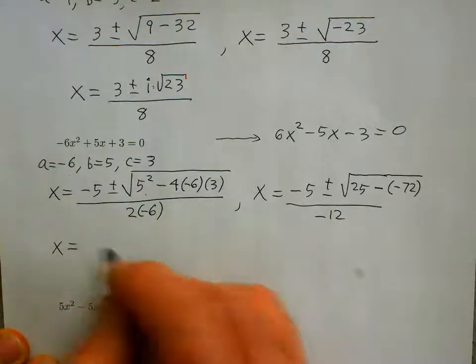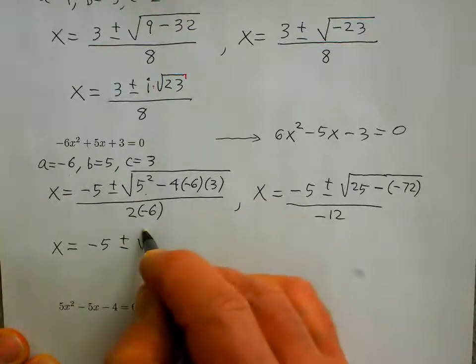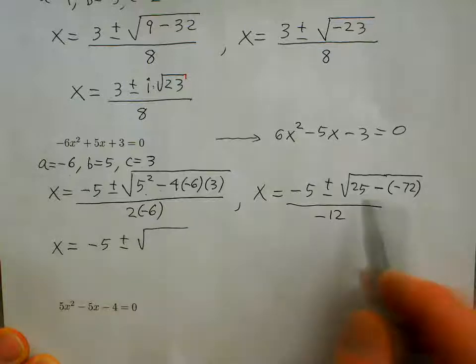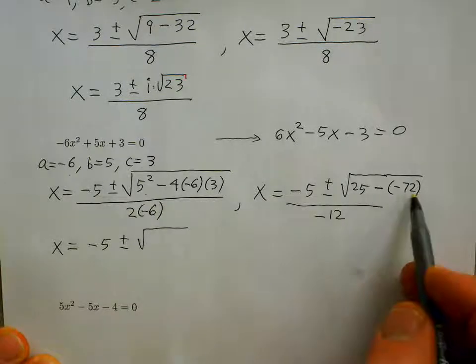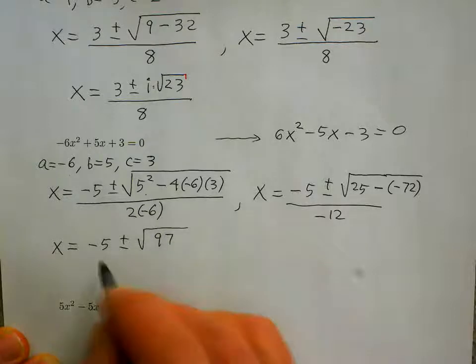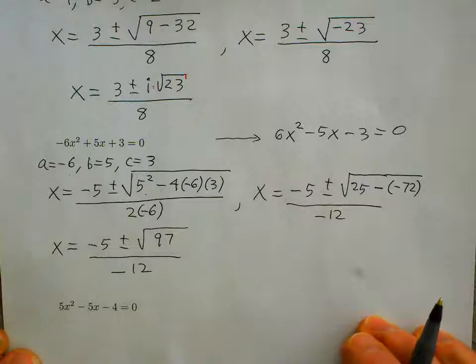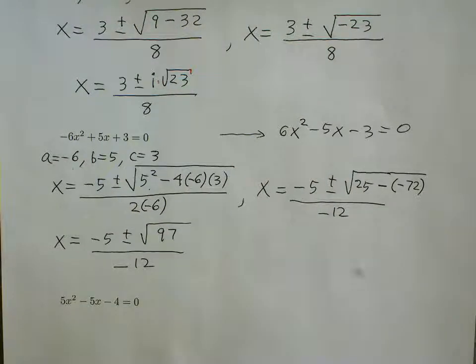So then we get x equals -5 plus and minus the square root of 25 plus 72, which is 97, all divided by -12. Okay, so to fix this, -5 plus and minus the square root of 97 over -12.